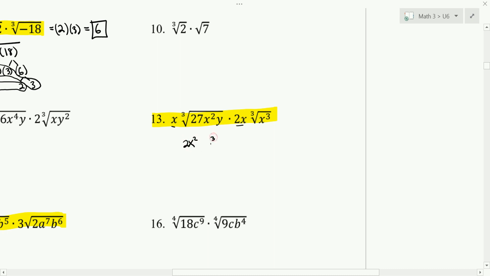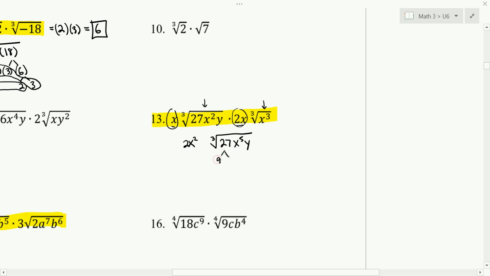And then we have the cube root of 27. We've got an x squared times x cubed, so that's x to the 5th, and a y. So we're multiplying the things on the outside with things on the outside, and everything on the inside of that cube root with everything on the inside of the cube root. That's my first step. Now then I'm going to try to simplify that cube root.